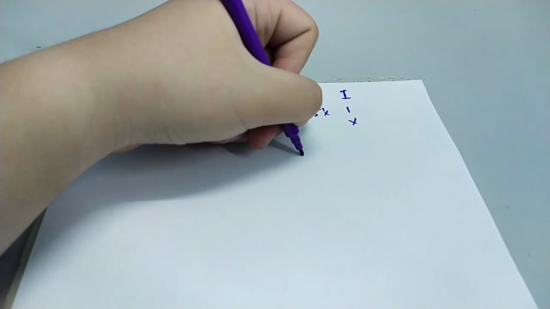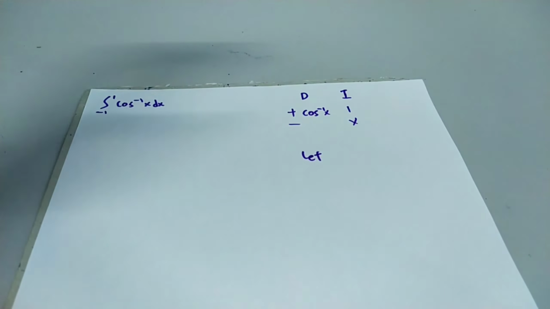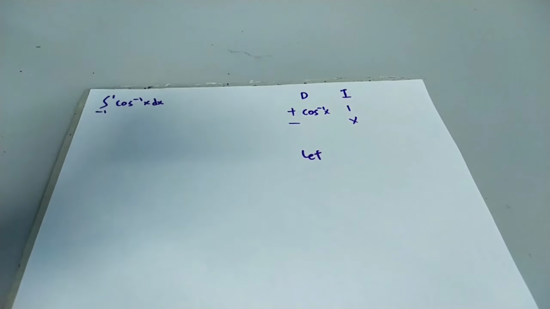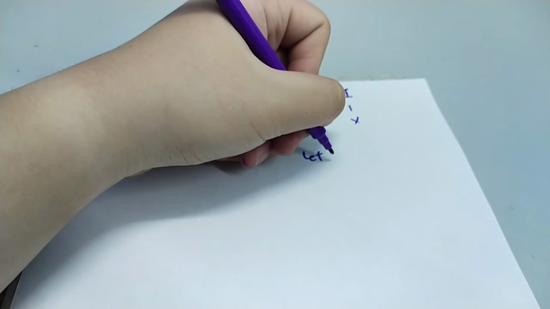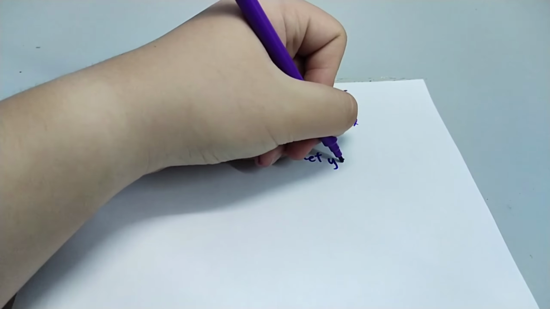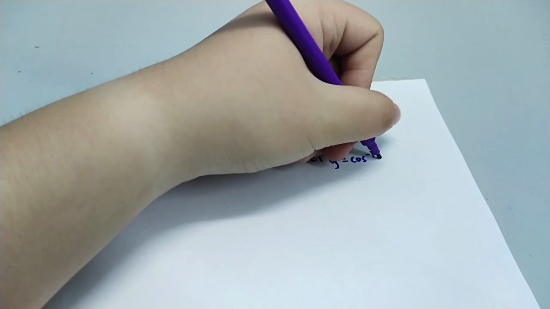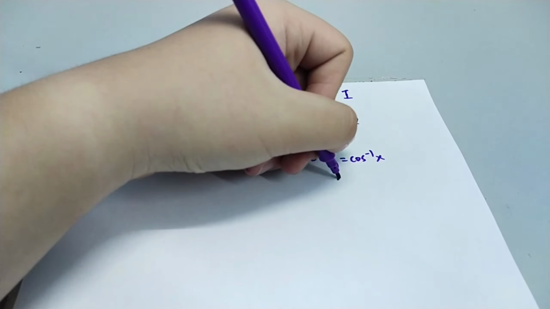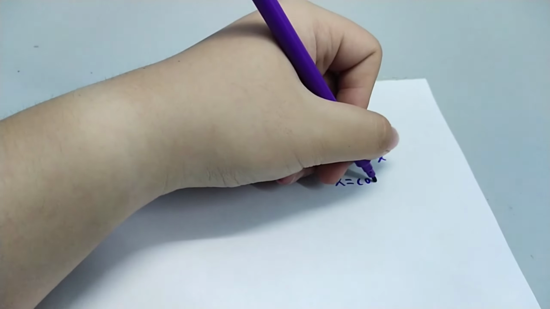So how are we going to find the derivative of inverse cosine of x? Here's how we do it. I will let y equal inverse cosine of x. Then x is equal to cosine of y.